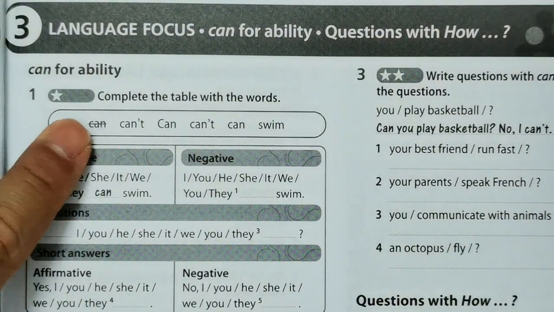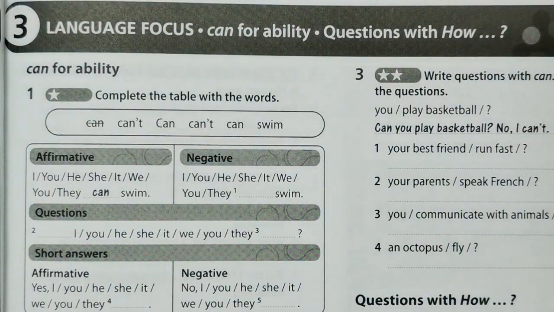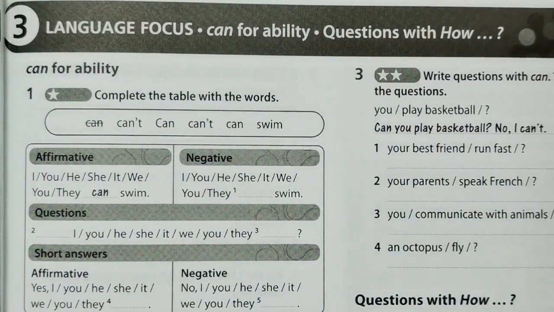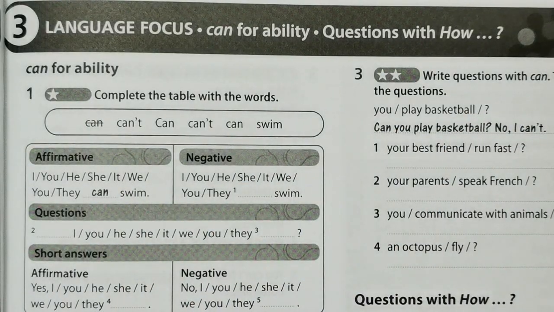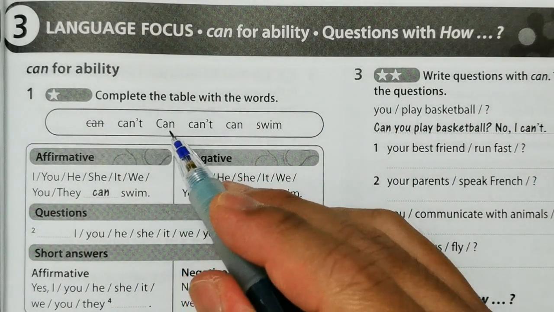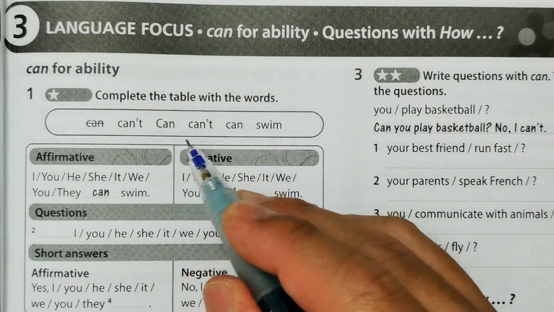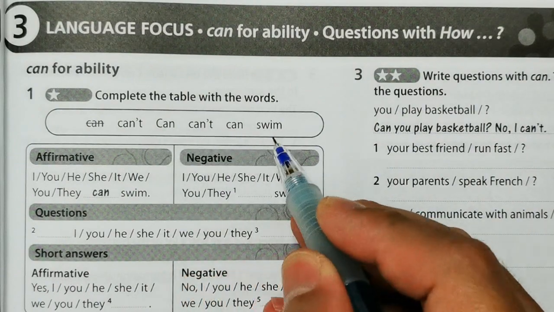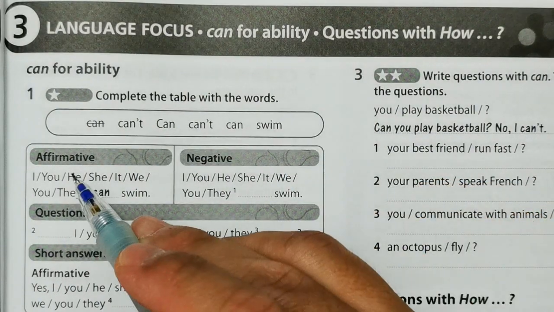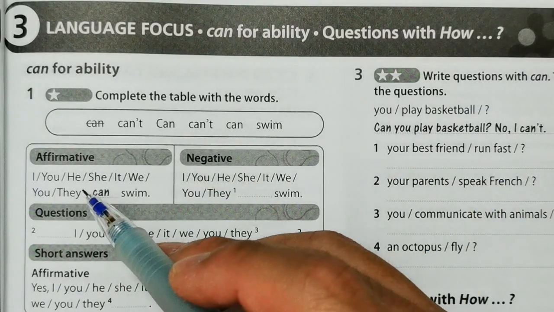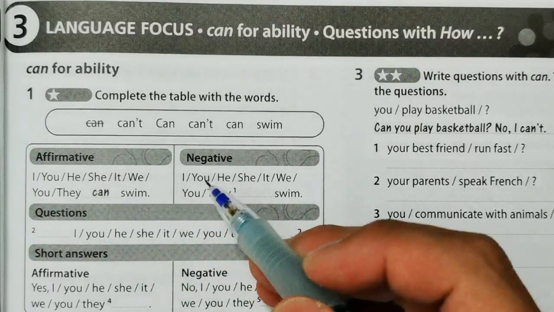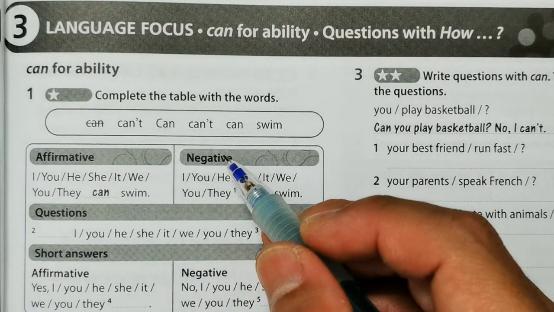We have Activity 1, complete the table with the words. We have can for this example here, can't, and then Can with title case. So we have can't, can, swim. It divides into two columns here: one is affirmative, meaning positive, and the other one is negative.